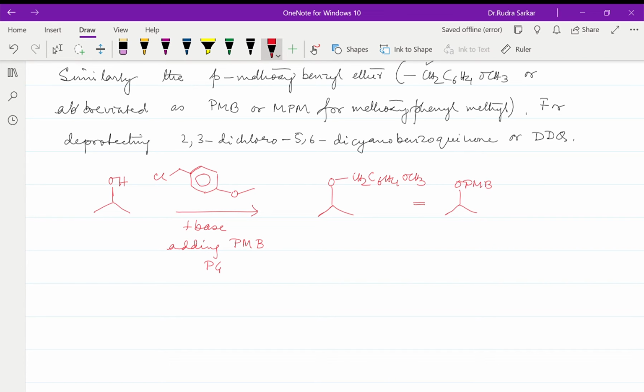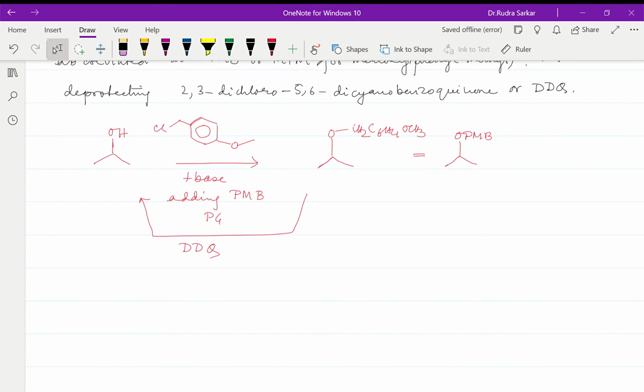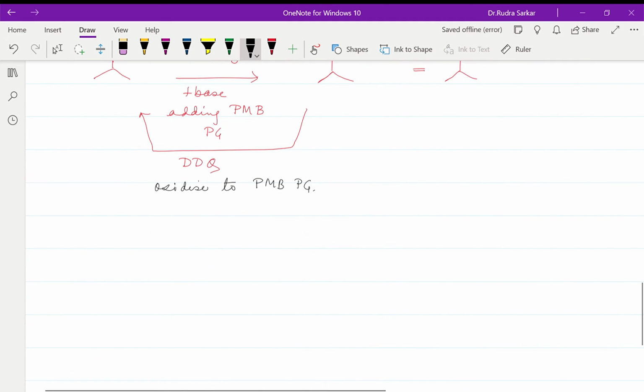Now, while deprotecting, as we have mentioned in the theory, the reagent to be used obviously is DDQ, which will oxidize, as I have said, the benzylic carbon and regenerate the alcohol after the reaction has taken place.